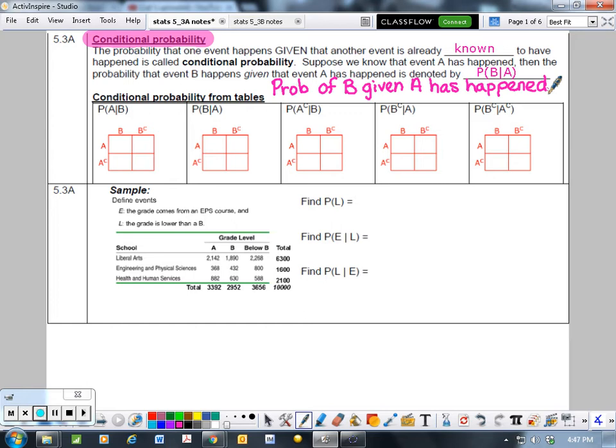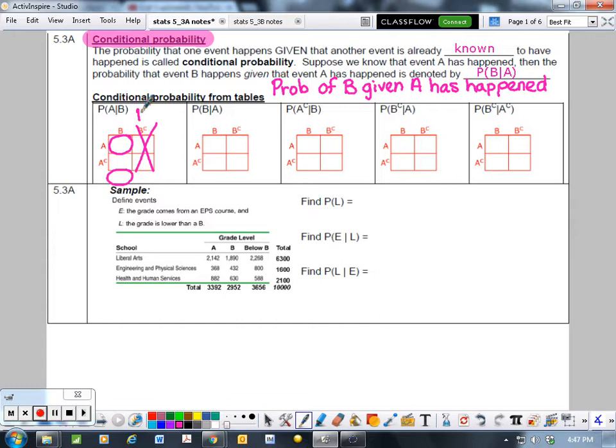So in our first problem, we have the probability of A given B has occurred. The idea is if we know that B has occurred, then we can't even look at B complement because now there is no B complement. We know B has occurred. And so to calculate the probability of A, I'm going to take the probability of both over the total probability of B. And so now we get kind of a formula here.